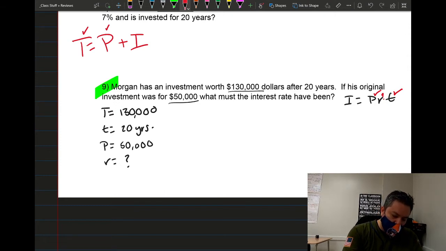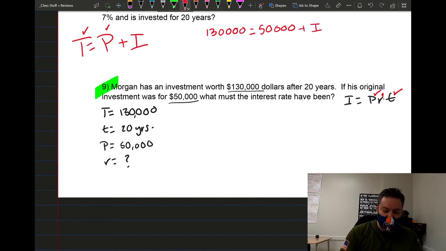So the total is gonna be 130,000 equals the principal 50,000 plus interest. And we have a one-step equation. We gotta leave I by itself. Is 50,000 positive or negative? In this case, it's going to be positive. So the opposite of positive, it'll be to subtract 50,000.